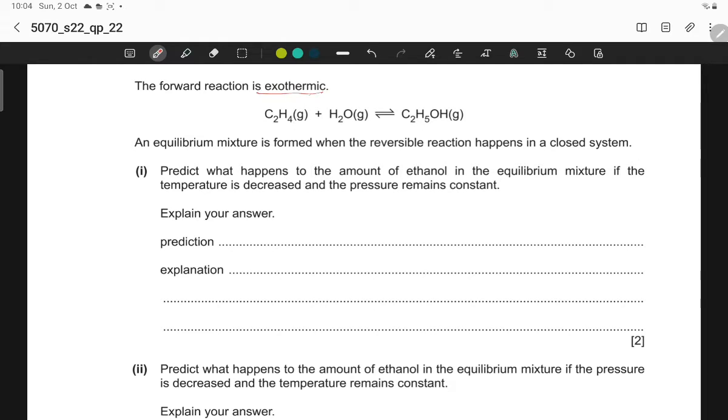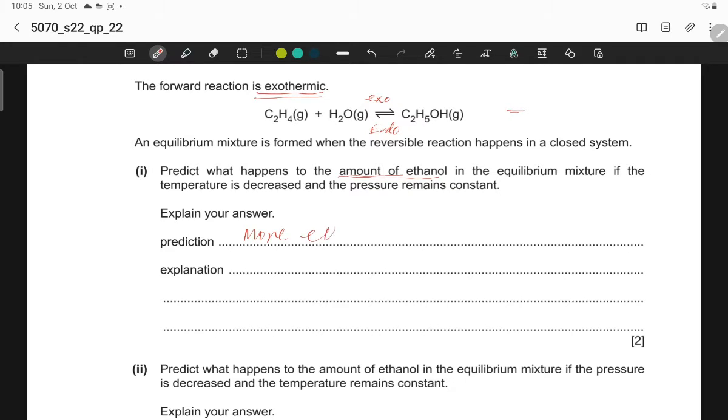This is an exothermic reaction. It means the forward reaction is exothermic and the backward reaction is endothermic. Decreasing temperature always favors the exothermic side. So if the reaction moves toward the exothermic side, the forward direction, more ethanol is formed.